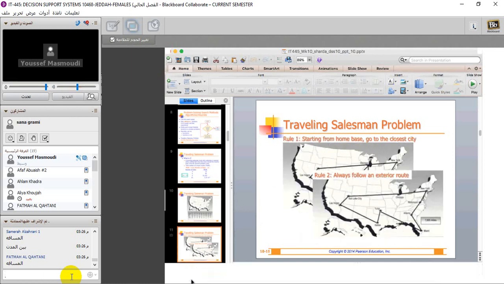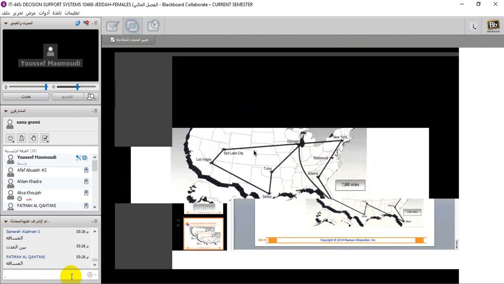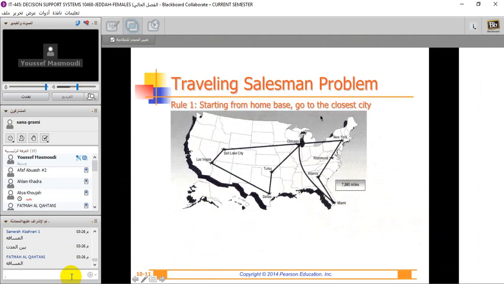So here we have some solutions. This is one solution. Rule 1. Okay, how to find the best route? For example, he starts from New York.